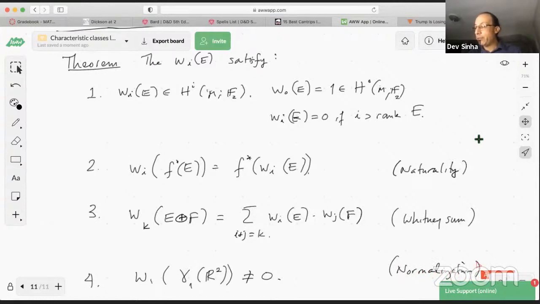And these are sort of degree axioms, degree constraints, or just degree. So we've got the degree axiom, naturality, Whitney's sum, and a normalization saying that this theory isn't trivial. So there we have it.